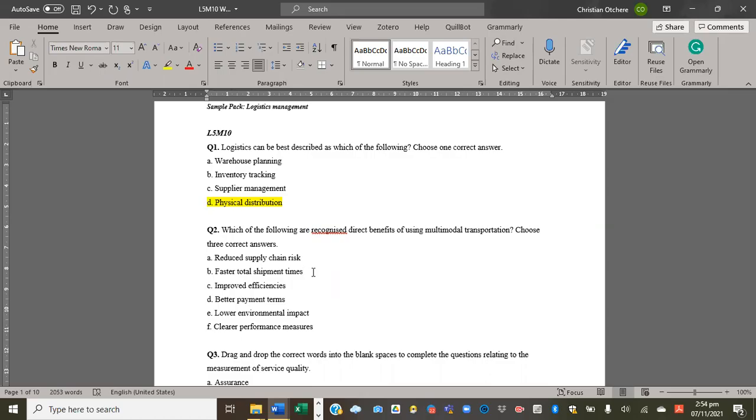But multimodal transportation works when you give it to these freight forwarders. They would do the combination of the modes, so you have just one contract, and they will manage the movement of the goods from the suppliers to your end using the most appropriate modes.